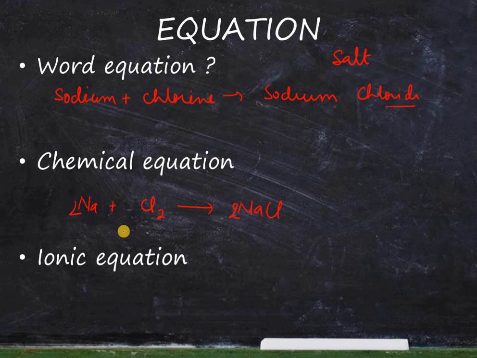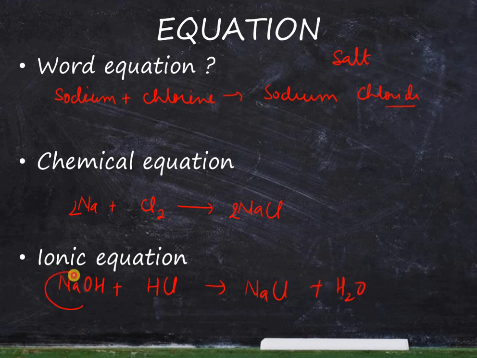Now, if I have to write the same equation in ionic form, what will I write? I will write everything as ions. So how does the salt form as ions? To form a salt, we have to take some base or some alkali. For example, I can take the alkali NaOH and HCl, and I'll get NaCl plus water.